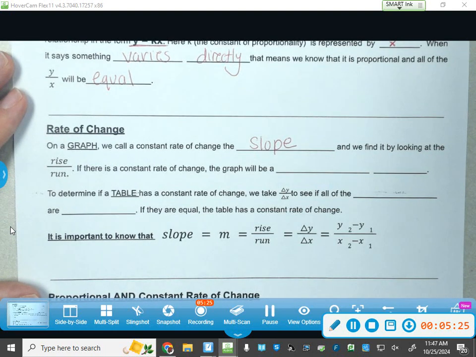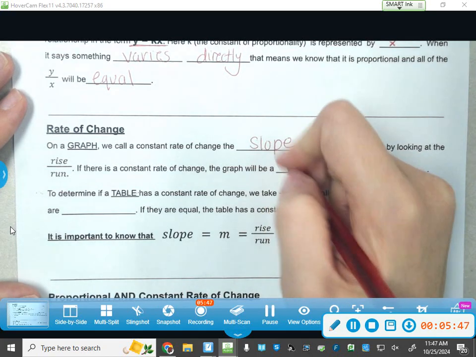And we find it by looking at rise over run. If there is a constant rate of change, the graph will be a what? What will it look like if there is a constant rate of change? Evelyn? Straight line.